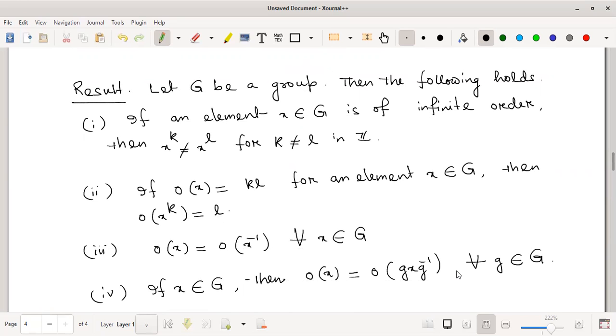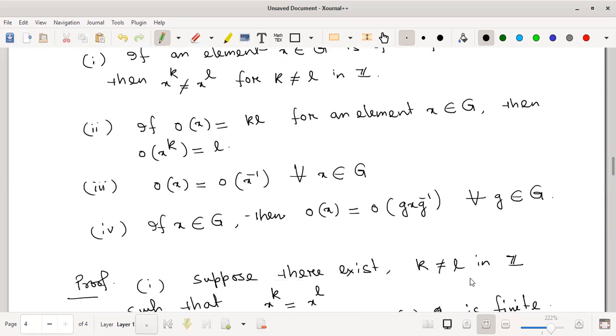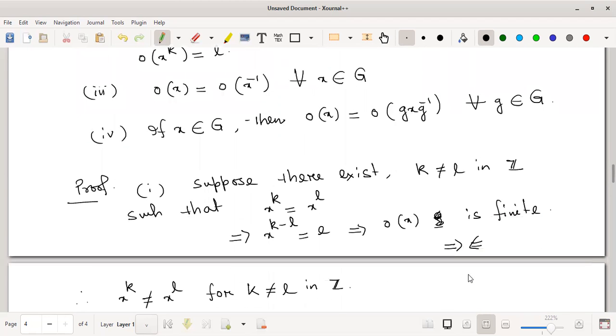And if order of x is kl, with k and l natural numbers, then order of x to the power k is equal to l. Order of x and order of x inverse are the same. Not only that, order of x and order of gxg inverse are also the same for every element g in a group G. Okay, so this is all about this lecture.